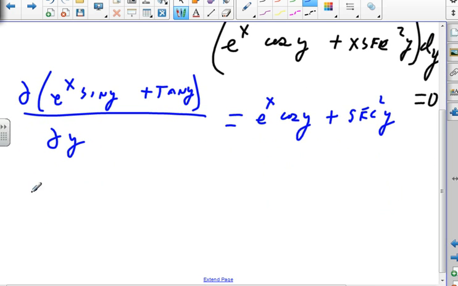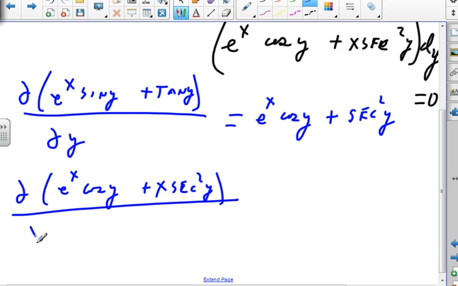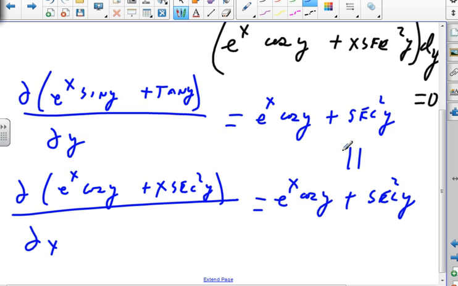And then I want to do the partial of e to the x cosine y plus x secant squared y with respect to x. And I'm going to have e to the x cosine y plus secant squared y. These guys are equal, therefore the method works.